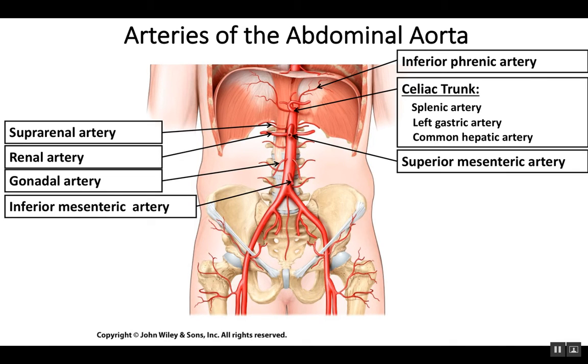Finally, there's one known as the inferior mesenteric. So like the superior mesenteric, the inferior mesenteric supplies a lot of blood to the intestines, mostly the descending colon, sigmoid colon, and rectum. And I just want to point out that the inferior mesenteric angles towards the lower left.